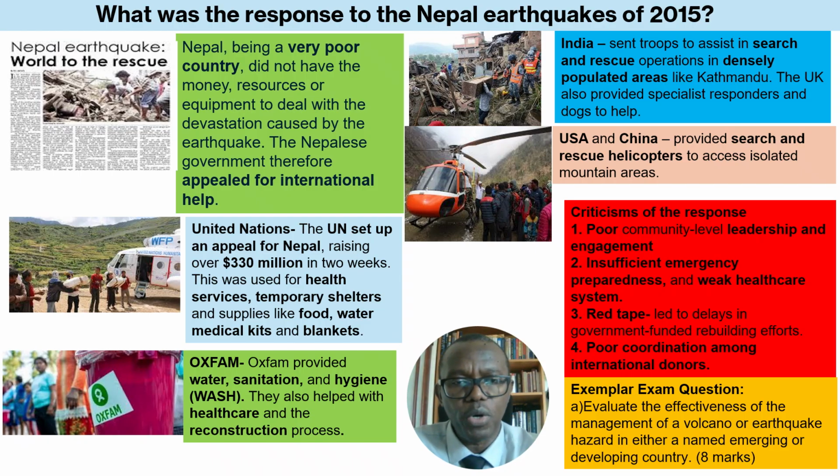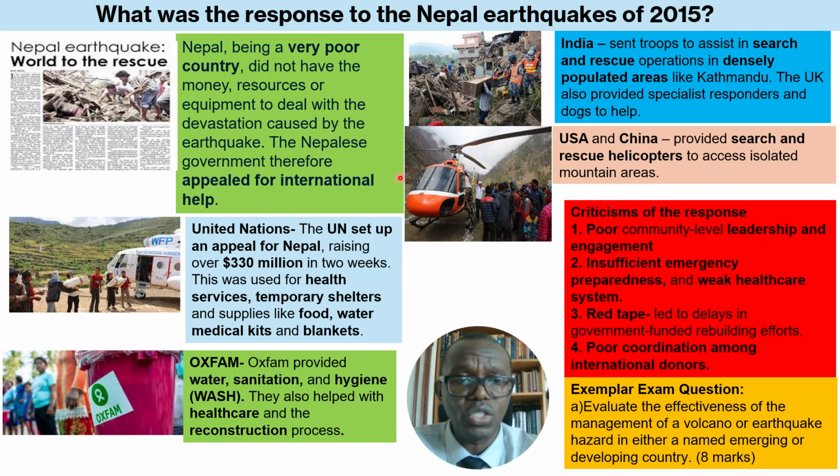What was the response to the earthquakes of 2015 in Nepal? So Nepal, being a very poor country, did not have the money nor the resources or equipment to deal with the devastation caused by the earthquake. The Nepalese government therefore appealed for international help.